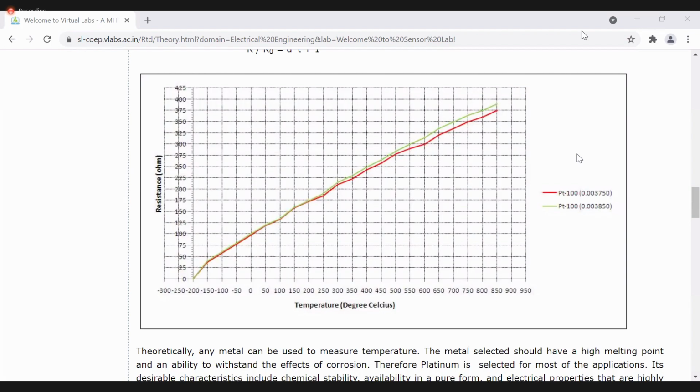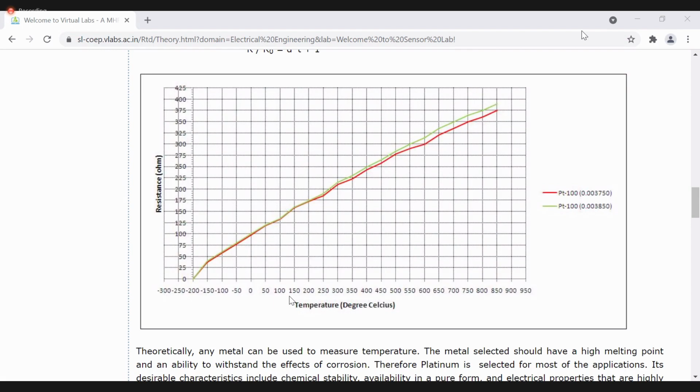Okay, Vidya, you have tried. Very good for that. But what is the x-axis here? Temperature. Y-axis, resistance. Okay. At 0 degrees Celsius, what is the resistance value of the red line or green line? It might be from minus 200 to 150, sir. No, Vidya. On the x-axis, we have values of minus 300 to minus 50, again 0, 50, 100, right?